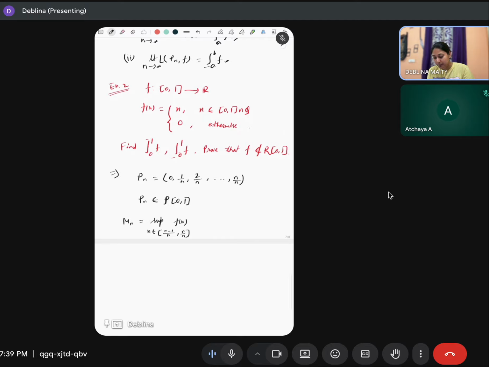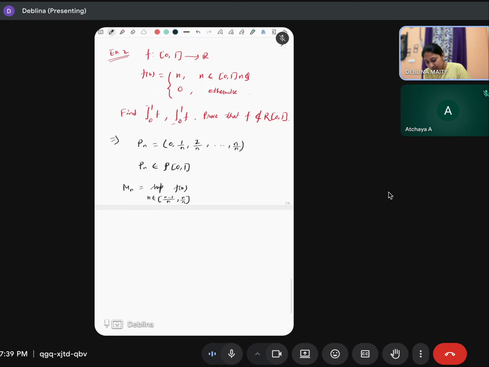So first we have chosen this partition Pn, which is 0, 1 by n to n by n, right? Now for this partition we'll find the upper integral and lower integral. So for this, first we have to find this capital Mr, which is the supremum of f(x) when x belongs to this subinterval (r minus 1) by n to r by n, right?